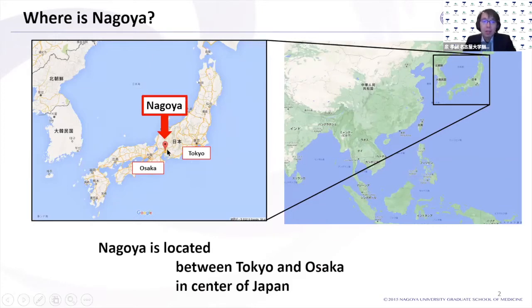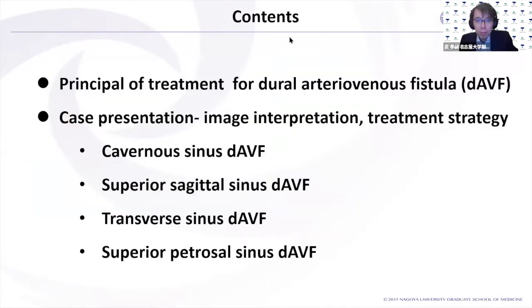Nagoya City is here on the island of Japan, located between Tokyo and Osaka, in the center of Japan. My content today: first, the principles of treatment for dural arteriovenous fistula in general.